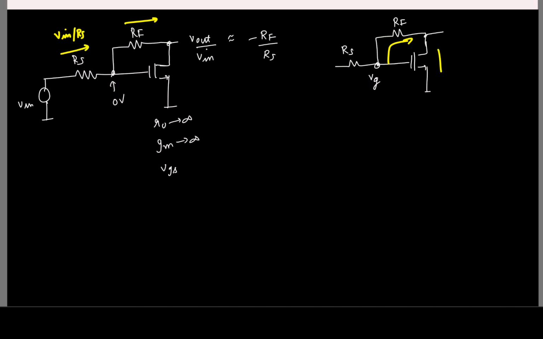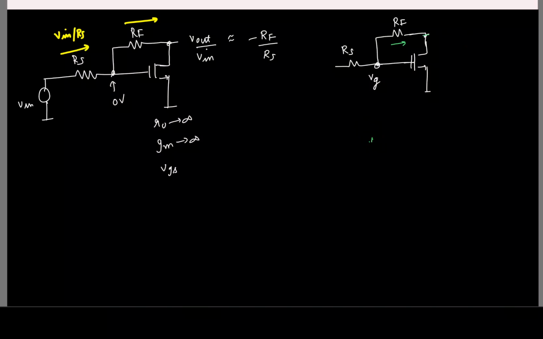If you look at the signs of the things, what is the current flowing through the resistor RF? I'll have to mark the direction. Hold on. Let me mark all the currents flowing into the output. So what is the current through RF? VG by RF, I mean short circuit current, let's say. Or even if you don't short circuit, it's okay.